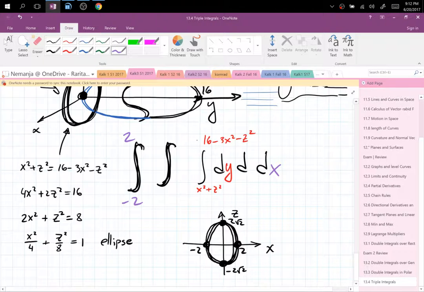So if that's my dx, then dz has to be the top function minus the bottom function, which is when I flip this equation and solve this equation for z.